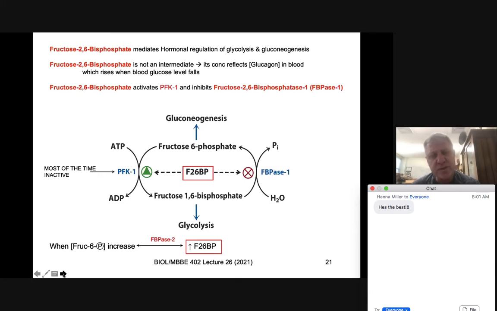So the fructose 2,6-bisphosphate is a key product from a hormonal regulational seesaw in regards to switching from glycolysis to gluconeogenesis. And this is our key point in regards to the movement of the fructose 6-phosphate, committing it to gluconeogenesis, or committing the fructose 1,6-bisphosphate to glycolysis.